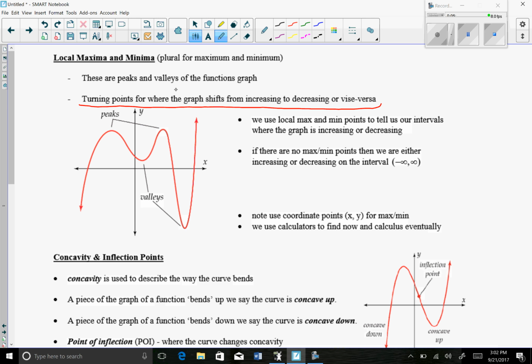So looking at these, I can see I have the peaks here and here, and the valleys here and here. Now, we actually call these local or relative maximum, or we call these local or relative minimums.